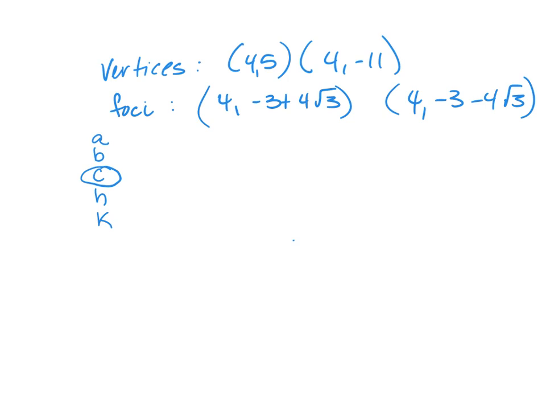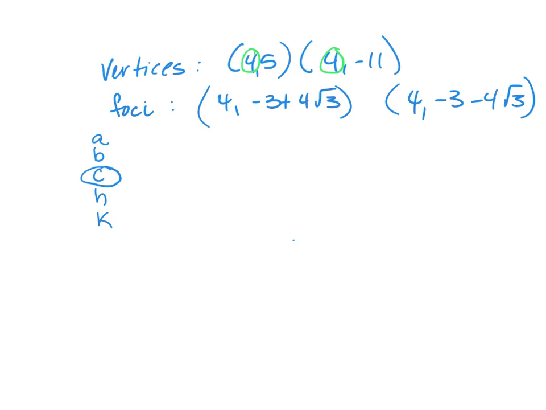C, we needed to find A or B, we needed to use it, okay? So C is optional depending on what the problem is, okay? So here they give us the vertices, and in the vertices I notice that the H doesn't change. So which side of my formula sheet am I on? Like if you look at vertices, which one does the H not change? Either vertical or horizontal.